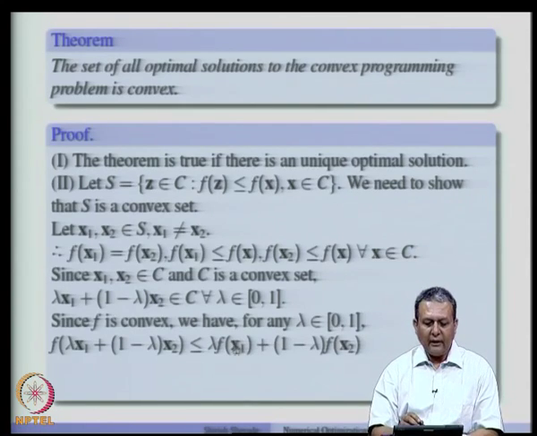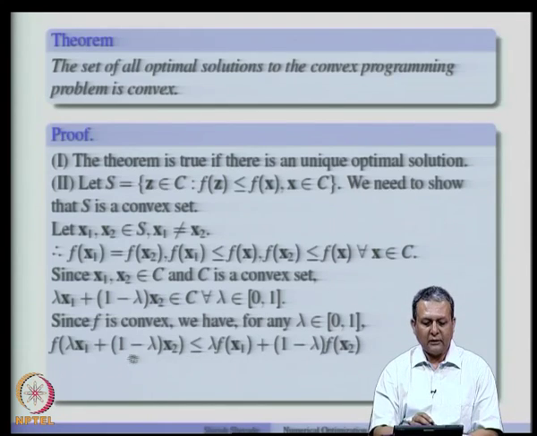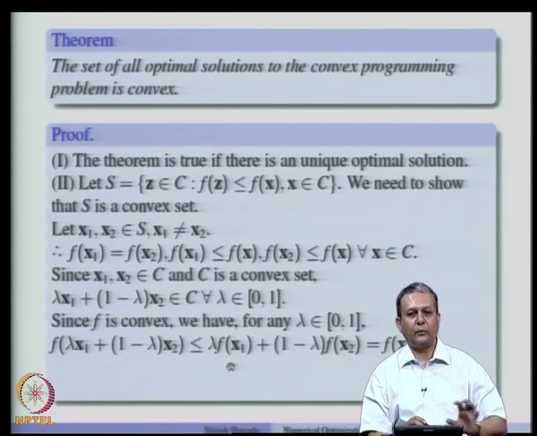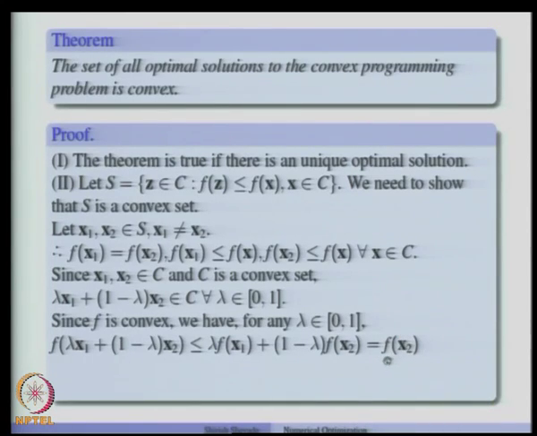Now, you will see that f(x1) is less than or equal to f(x), and f(x2) is also less than or equal to f(x). So, the quantity on the left side is less than or equal to f(x2), which is shown here. So, what does this mean? This means that f of lambda x1 plus (1 minus lambda) x2 is less than or equal to f(x2).